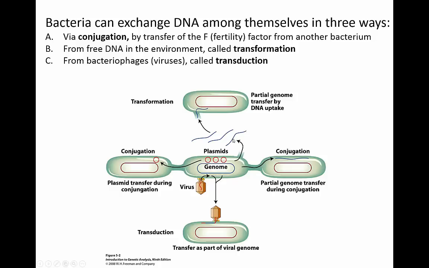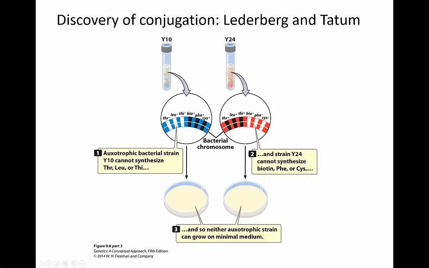Transformation allows a bacterial cell to take up free DNA from the environment, so maybe from a dead cell. And transduction uses viruses as an intermediary to transfer DNA from one cell to another cell. So first, let's talk about conjugation.